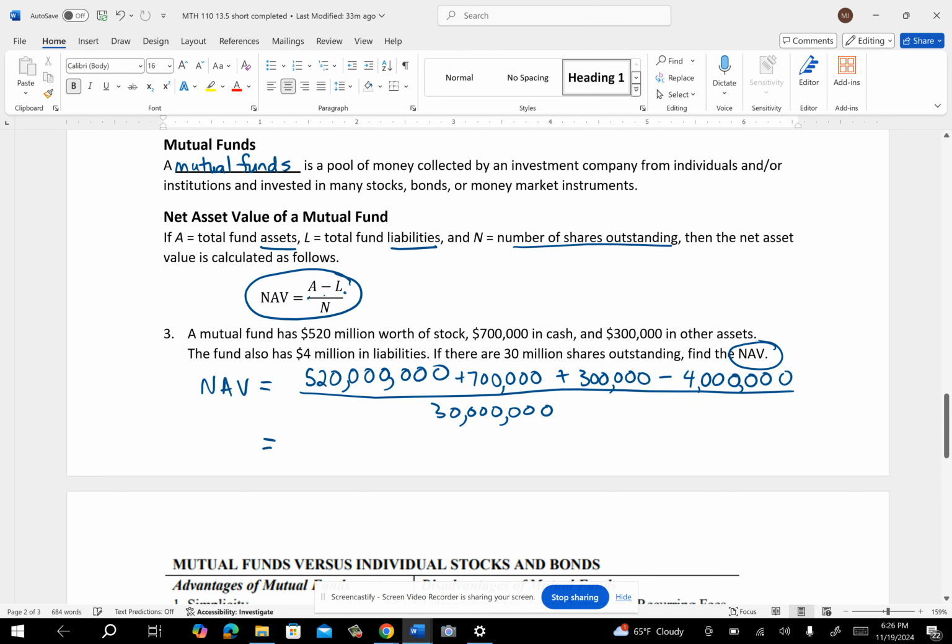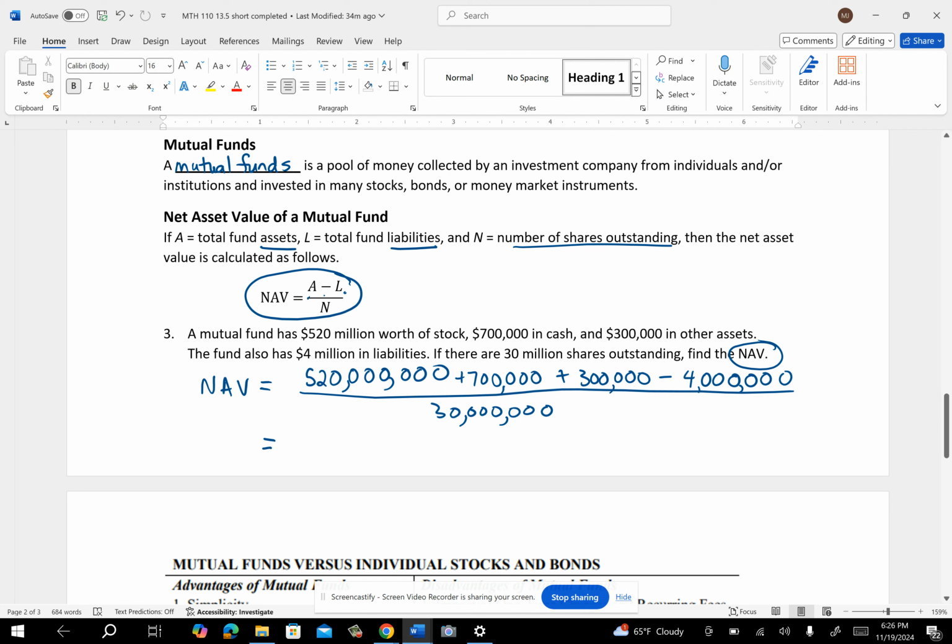So the net asset value can be found by adding the 520 million, the 700,000, the 300,000, and getting that, and subtracting from that the 4 million. When I do that, I didn't divide.